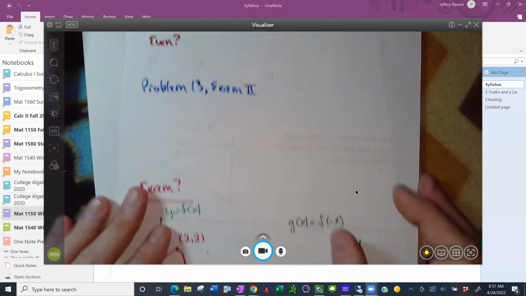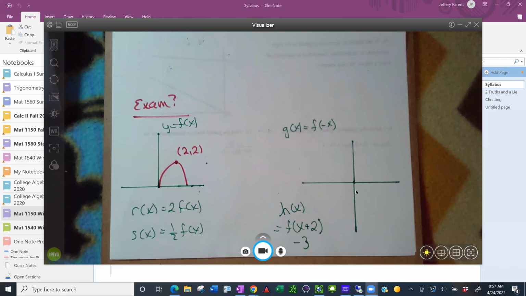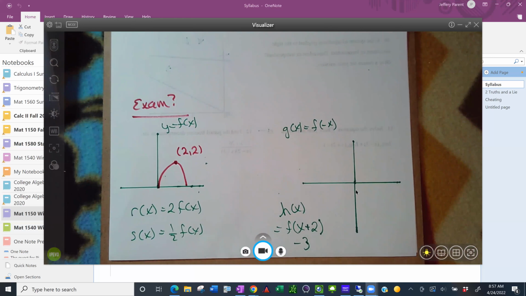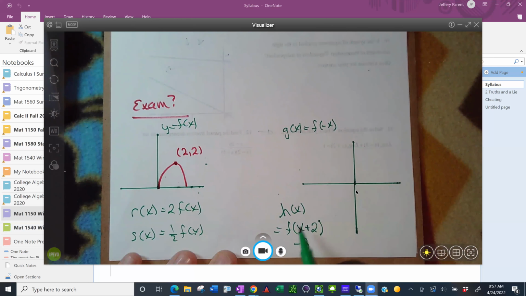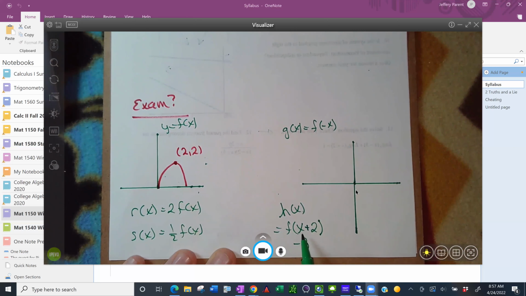And last but not least, one little thing here about graphs. Reminding you that we translated some graphs. Let's look at some basic shifting around first. That's supposed to be part of a parabola. If I were to look at h of x is f of x plus 2, minus 3, that's going to shift my graph left 2 and down 3.